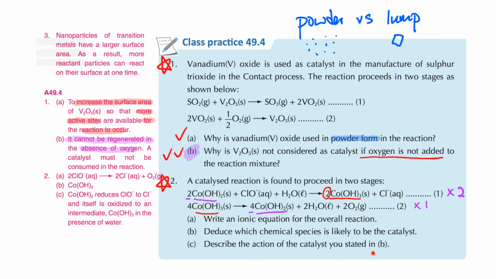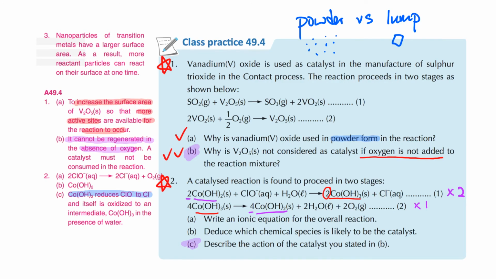Describe the action of the catalyst, in part B. This is related to stating the process. You simply say that the cobalt 2 hydroxide reduces the ClO minus to Cl minus.